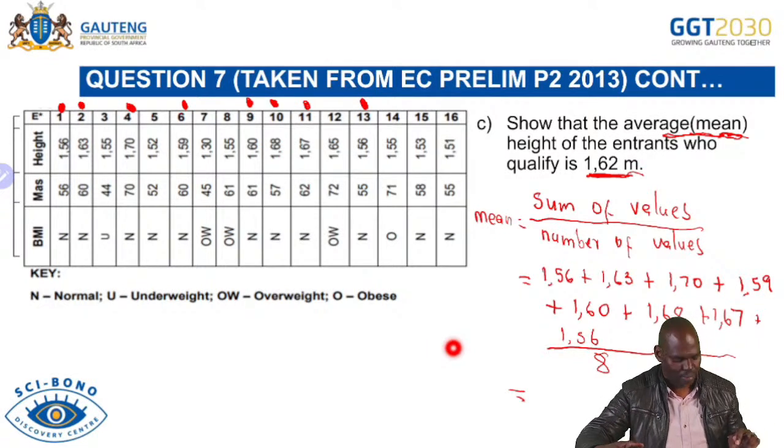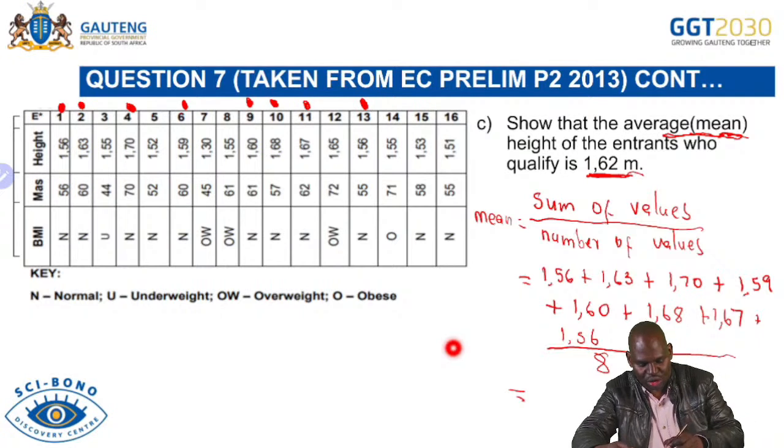1.56 plus 1.63 plus 1.70 plus 1.59 plus 1.60 plus 1.68 plus 1.67 plus 1.56.